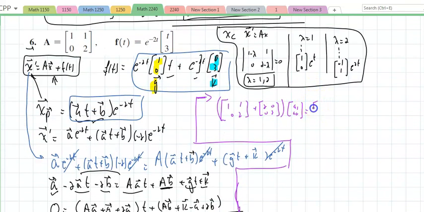G is the yellow. That is negative 1, 0. So this is 1 plus 2, that is 3. 1 plus 0 is 1. A 2 and a 4 and a negative 1, 0. Isn't that what that is?